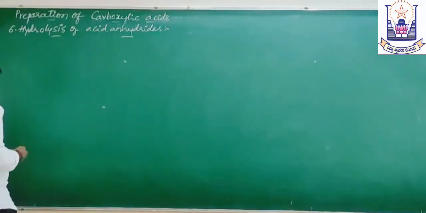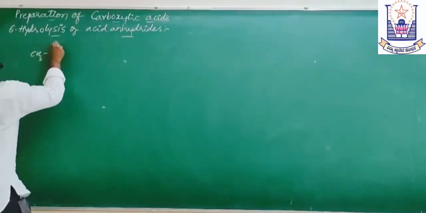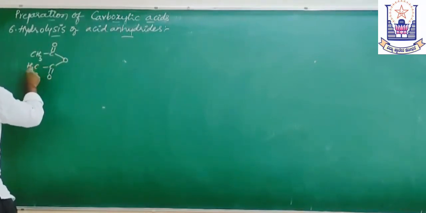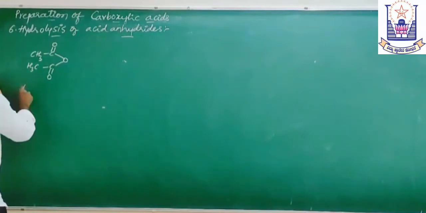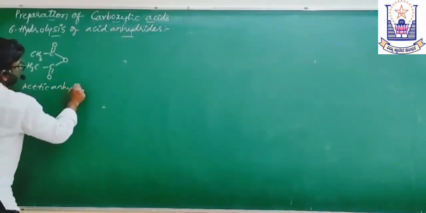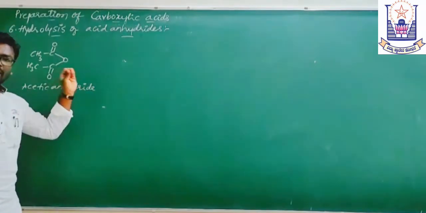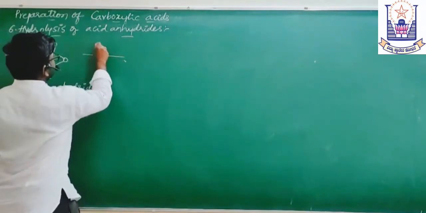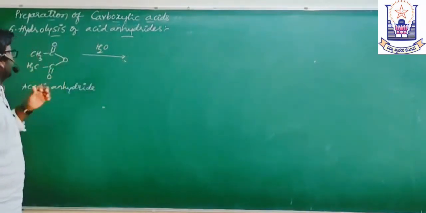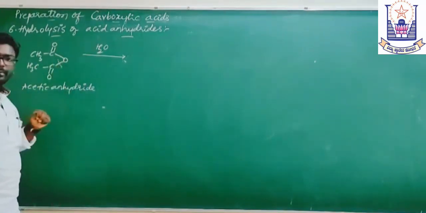Take acetic anhydride, CH3 C double bond O, O, C double bond O CH3. This is called acetic anhydride. When you add water to this, what happens? Imagine the bond breaks.